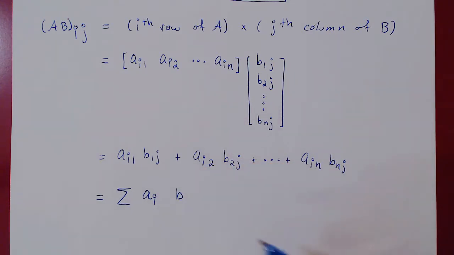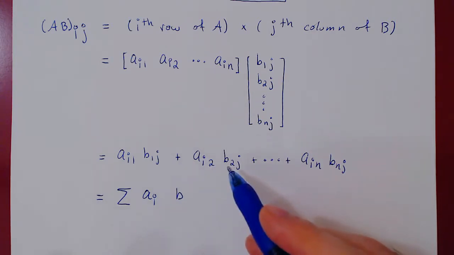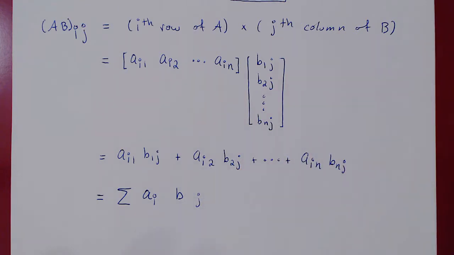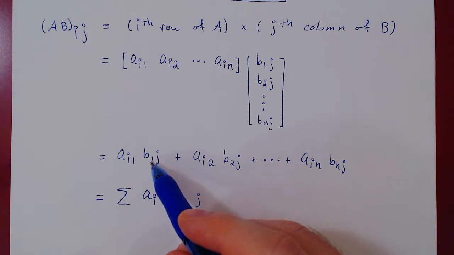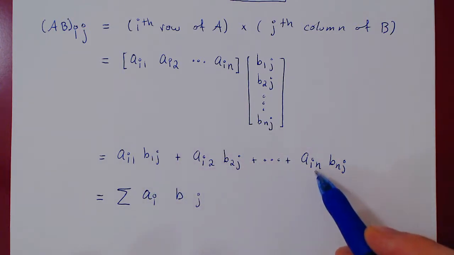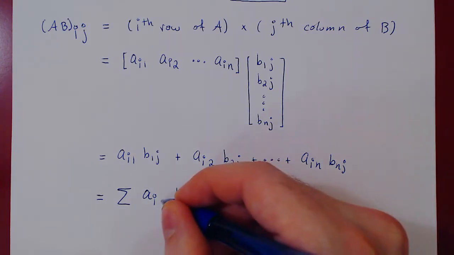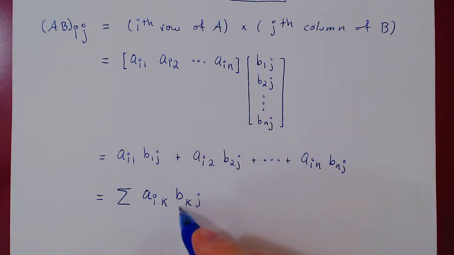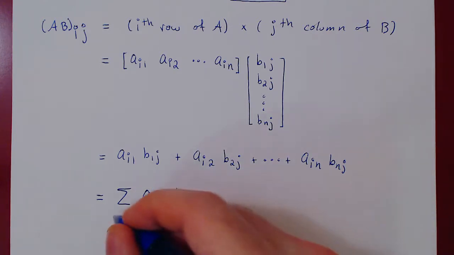The entries of B are always from the jth column: b_1j, b_2j, up to b_nj, so that does not change. What changes is the column index of A and the row index of B, right? So this is 1, 1, 2, 2, up to n, n. We need a dummy variable to capture this change. We will use k. So a_ik, b_kj. Where does k start? k starts at 1.